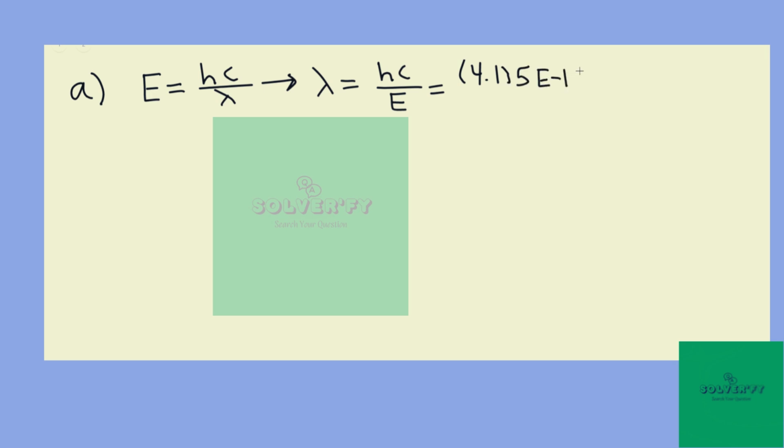So we can start by taking its energy, E equals hc over lambda, and we can use this to find lambda, which is hc over E. And so numerically, we'd actually need to use Planck's constant in its eV form, 4.135 times 10 to the negative 15 electron volt seconds, multiplied by the speed of light, 3 times 10 to the 8 meters per second, all divided by the stated 10.2 eV.